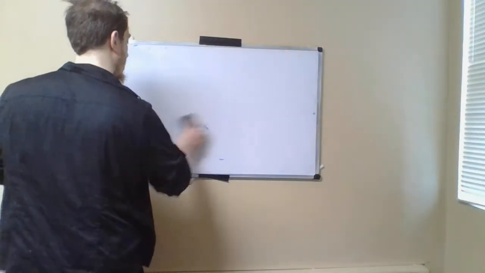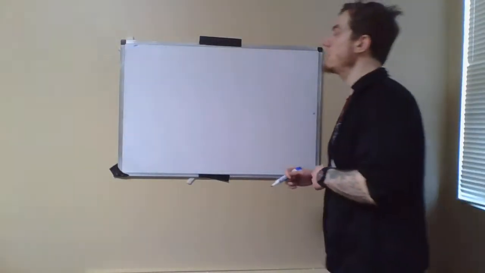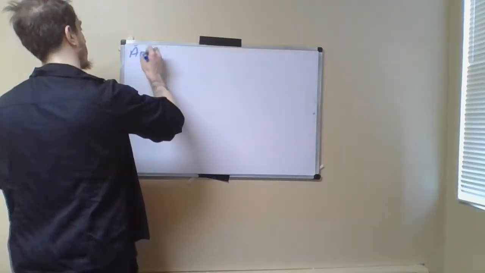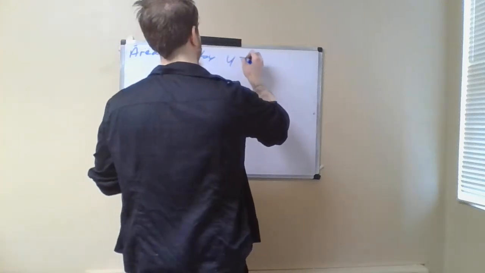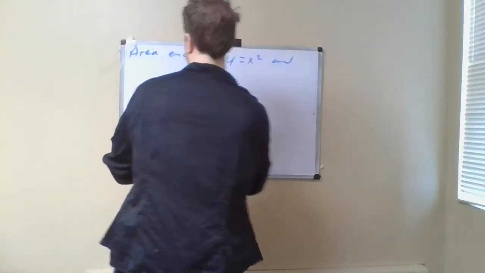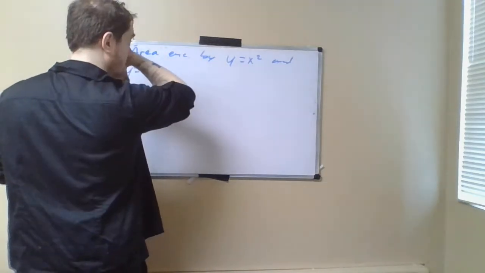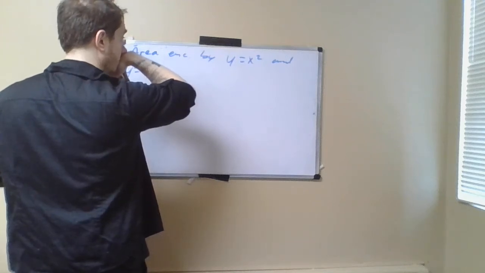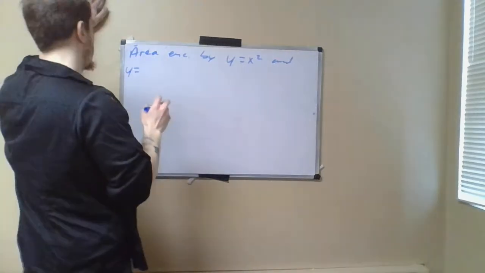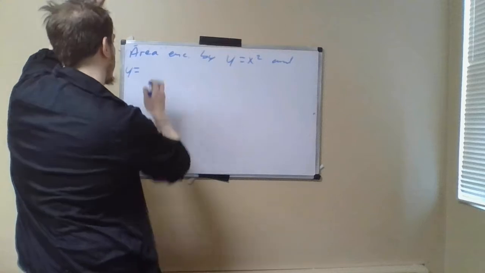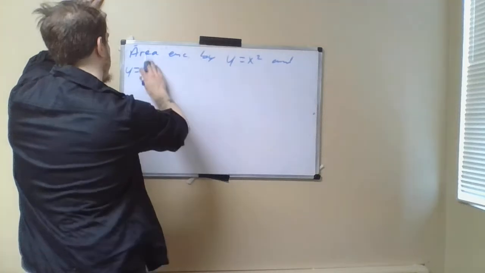So for instance, we could ask, what is the area enclosed by, let's say, y equals x squared, and y is equal to... why am I confused now about what curve I want here?